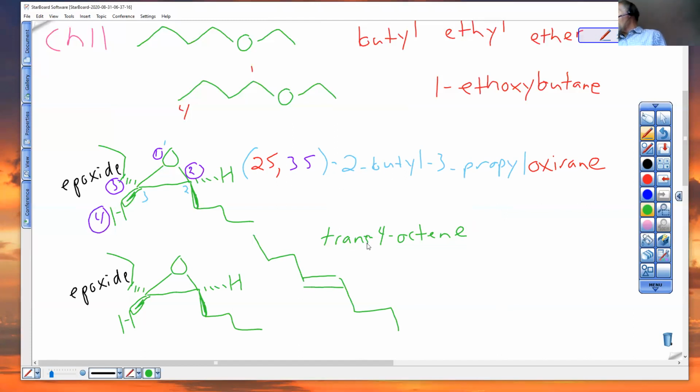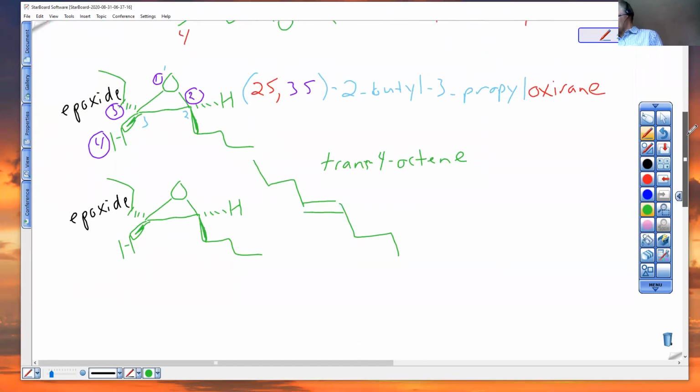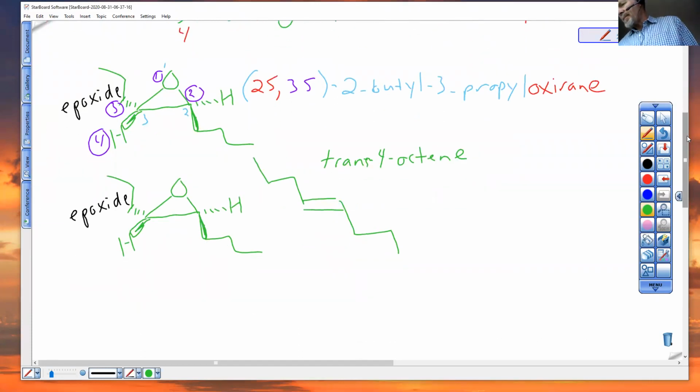So you can name the epoxide after that. Trans-4-octene. New word at the end, separate word, oxide. That's a D. That's a terrible D.